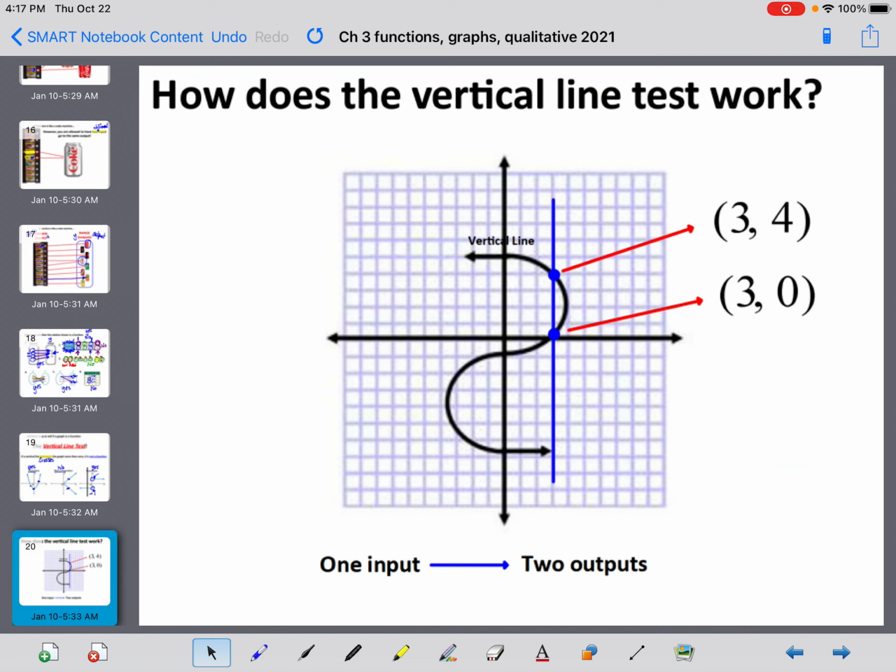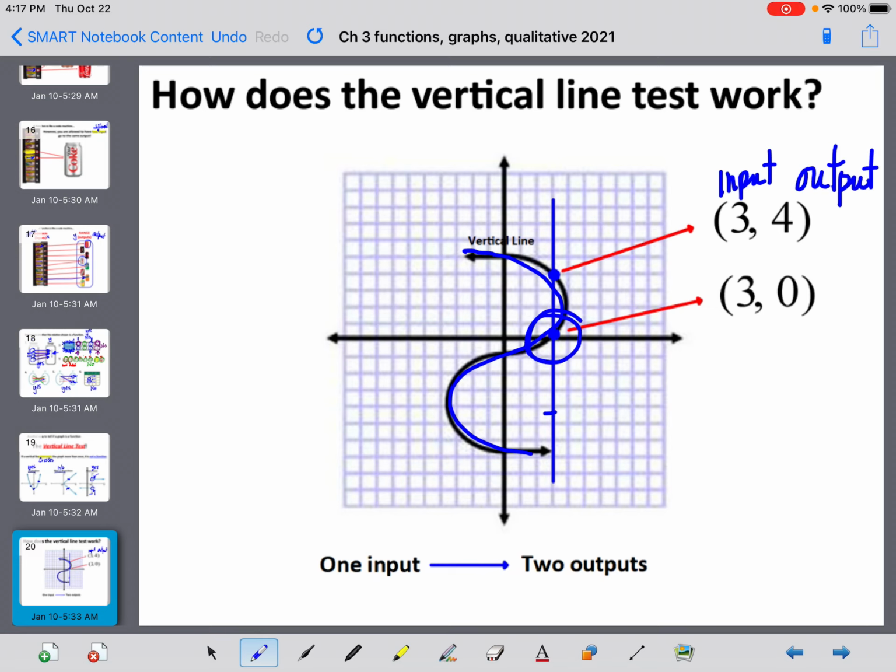So why does the vertical line test work? Because if I look at this, each spot on this graph represents a point. Each spot on this swervy line represents point values, right? And each point is an input and an output.